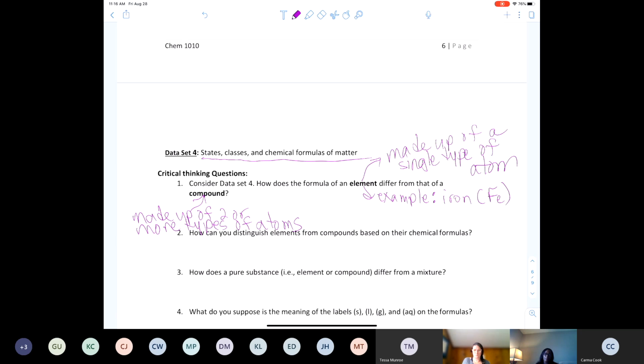But if I'm talking about a compound, like iron oxide, it's made up of two different types of atoms, iron and oxygen.